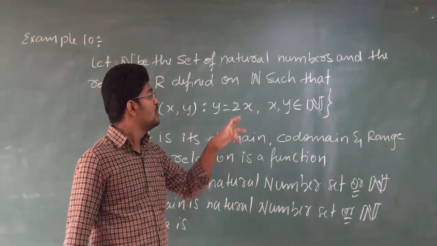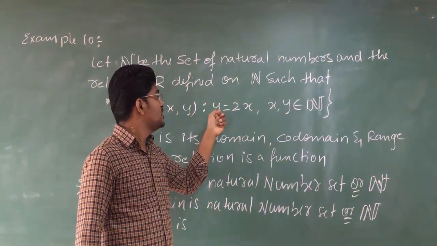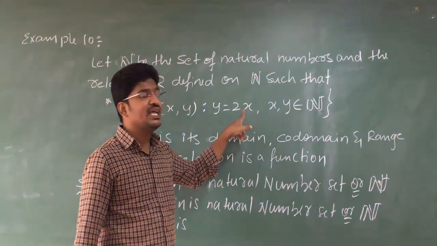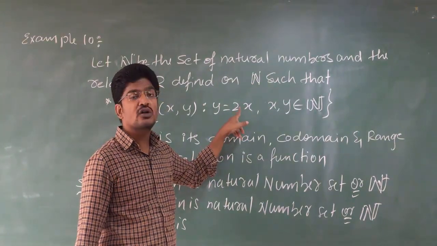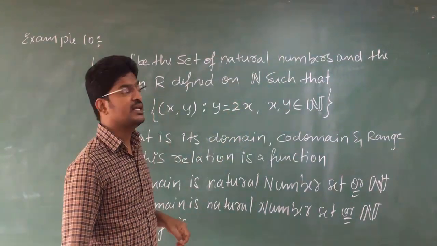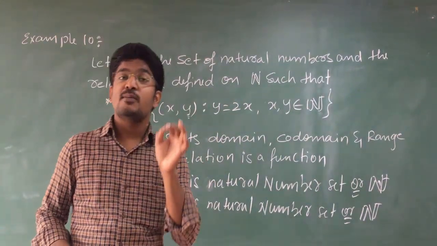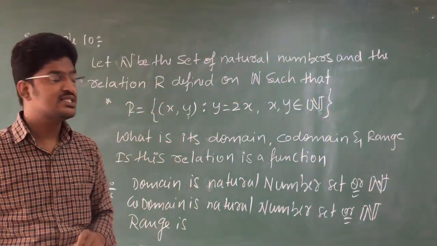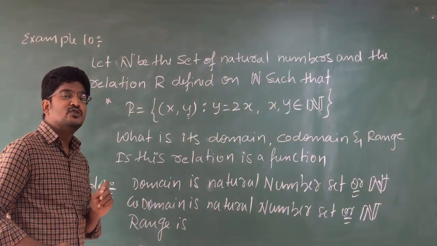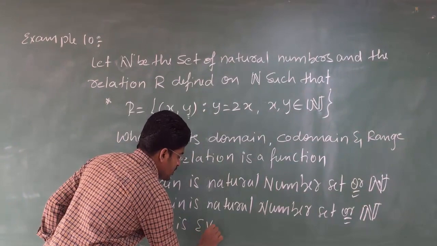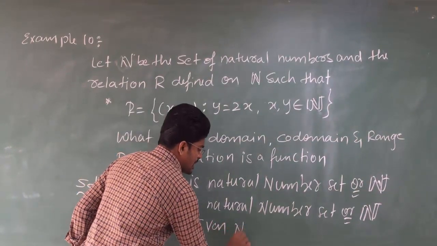Multiples of 2. 2 into 1, y will be 2. If I put 2 here, 2 into 2, 4. If I put 3, 2 into 3, 6. If I put 4, 2 into 4, 8. That means this y is going to be a multiple of 2. As you all know, a multiple of 2 is even. Okay, so range is even natural numbers.